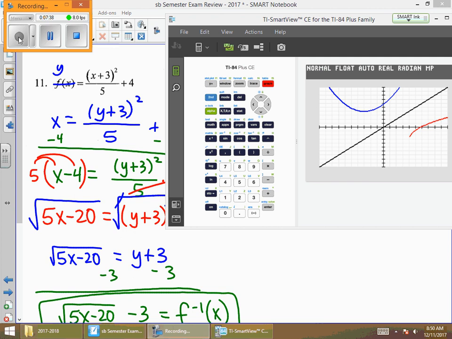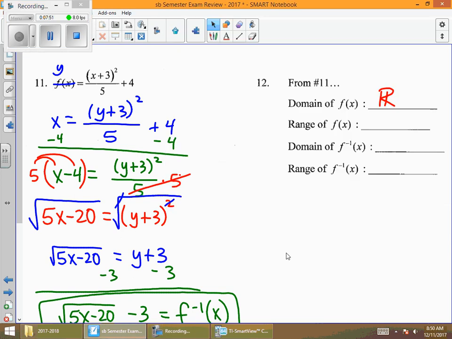All right, so as you can see from the square root function, the inverse, the range is only going down to -3. So we're going to have to restrict our original domain to be everything from x greater than or equal to -3.